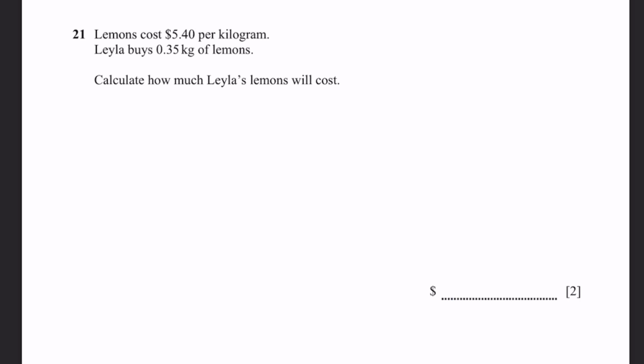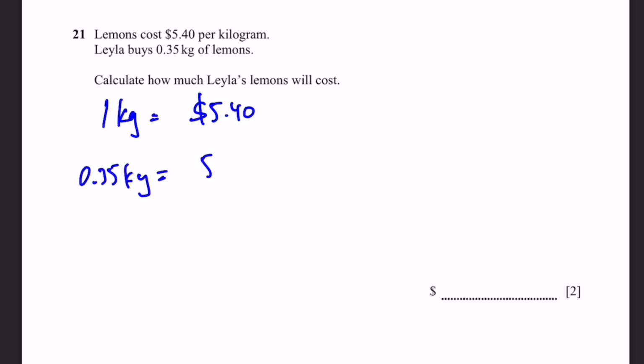Question 21. Lemons cost $5.40 per kilogram. Layla buys 0.35 kg of lemons. Calculate how much Layla's lemons will cost. So 1 kilogram is equal to $5.40. Now 0.35 kg will be 5.4 times 0.35.